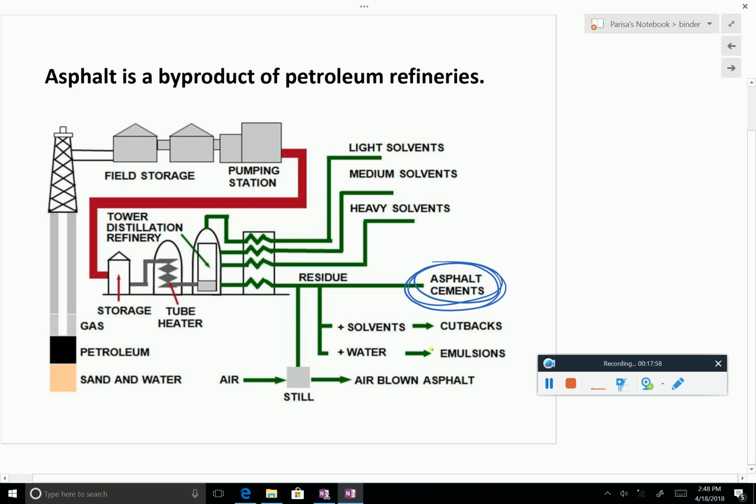If you mix it up with water, you get emulsions. If you mix it up with other chemical solvents, you get what we call cutback. These are the three most important bituminous products that we use in construction. So it's a byproduct of oil refineries, and that's why it is relatively cheap.